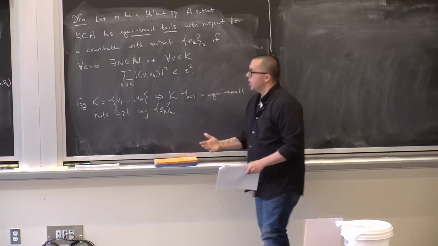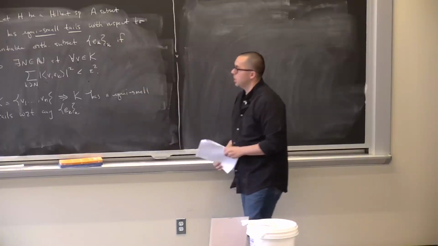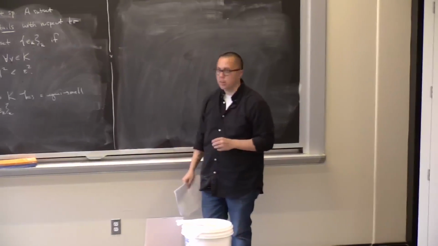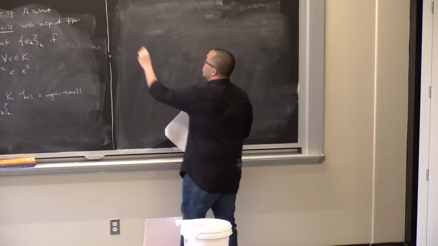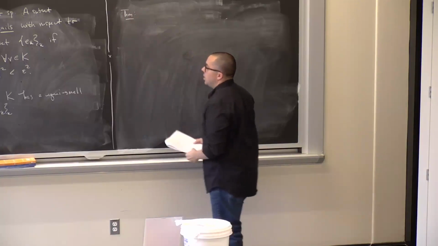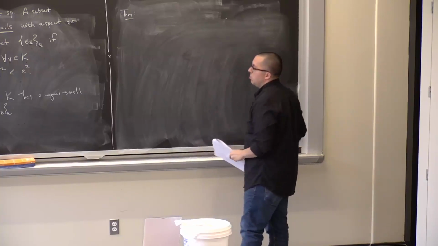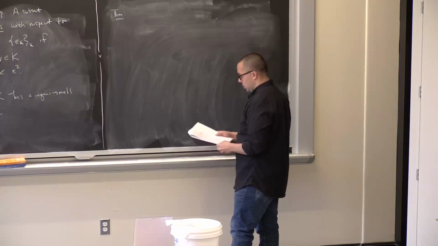But that compact set also satisfies this property that it has equi-small tails with respect to basically any countable orthonormal subset. And so then we should hope that if a set is closed, bounded, and has equi-small tails with respect to an orthonormal basis, then that set is compact. And that's eventually what we'll prove, but I don't think we'll get to it today.